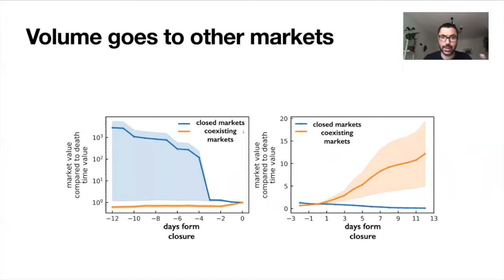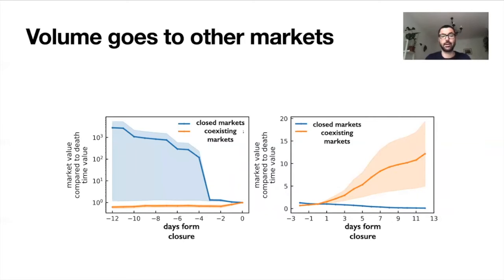And you see on the left panel, the closed market has a gigantic shrinking in volume. Notice that the volume goes down before the official closure for two reasons. First of all, there is noise on the exact date. Second, in some cases, users start noticing something weird and abandon the market a little bit before, for example, the scam.